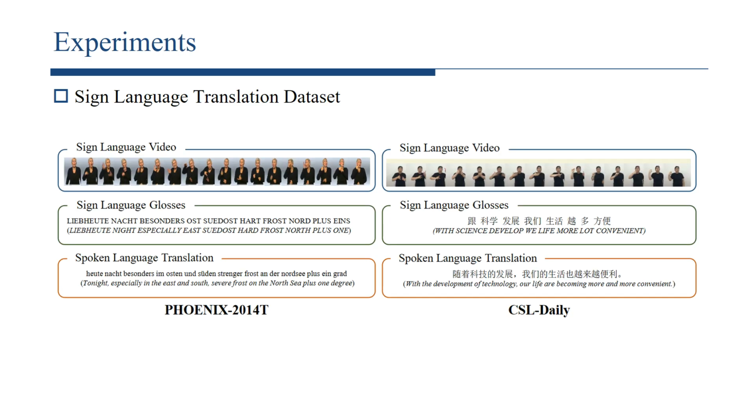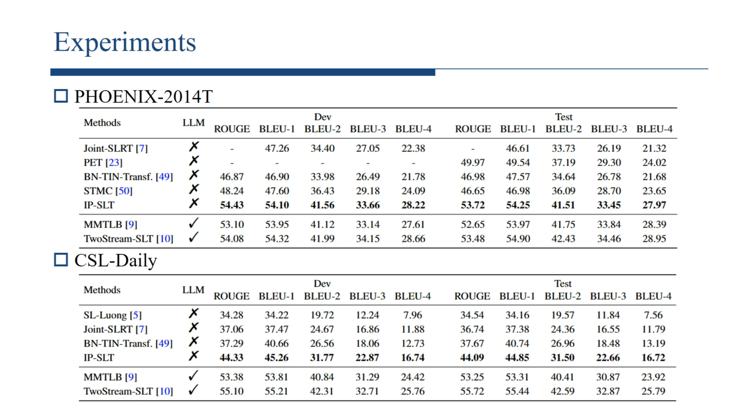We evaluate our approach on two public sign language translation datasets. Both datasets provide gloss-level and spoken sentence-level annotations. On both datasets, we compare the proposed method with the previous sign language translation systems. We adopt the STMC and BN-TIN transformer as the baseline, respectively.